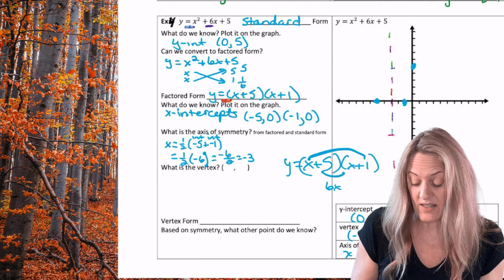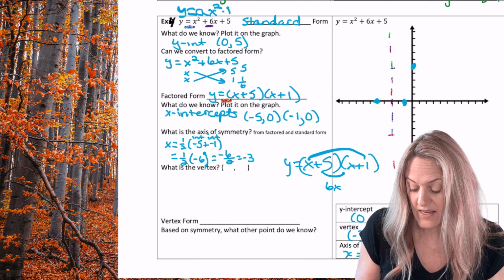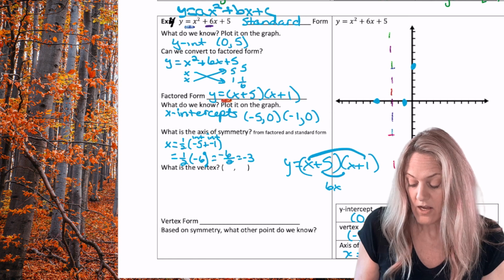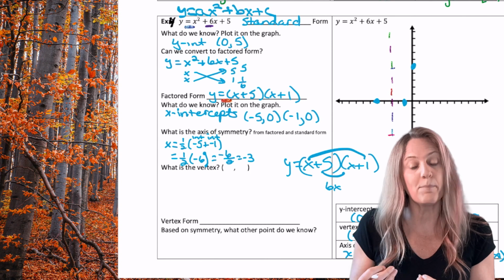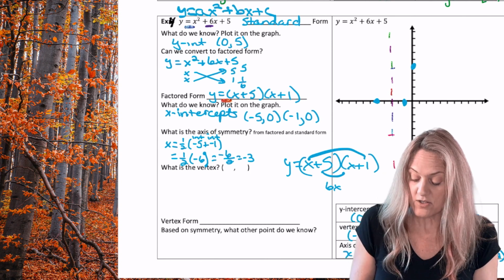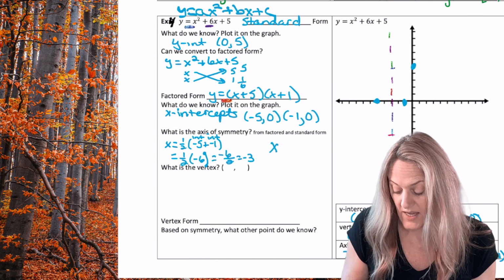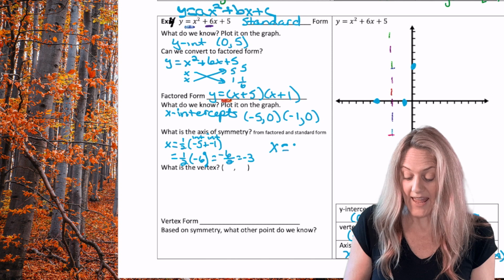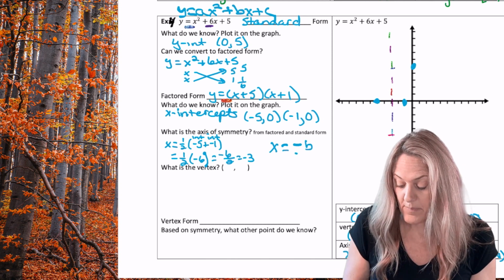Do you remember that standard form is y equals ax squared plus bx plus c? So that middle term with the b value, we take the opposite of it because it comes from those intercepts. So for standard form, we go ahead and say the axis of symmetry is x equals -b from standard, so that's right in front of the x, divide by 2.